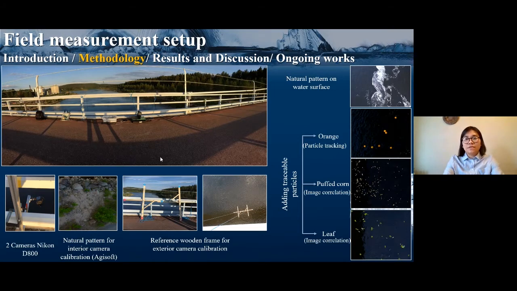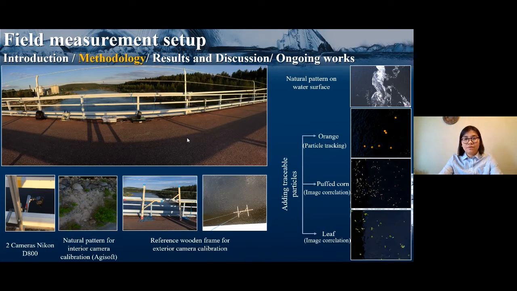In the natural river flow, we expected to catch the natural pattern on the water surface, like you see in the upper right picture. This picture was captured at the same location in June.